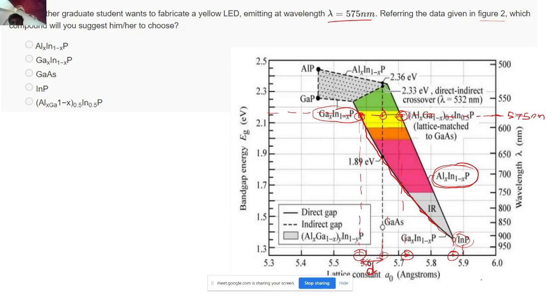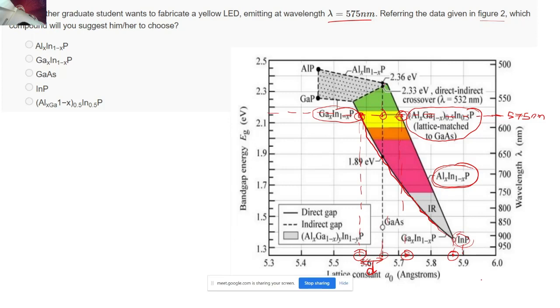Now one good thing is that if you look at this vertical line over here, even this vertical line is coming over here. Now what is this vertical line? Let's read the description written in this red circle that I have drawn: aluminium gallium 0.5 indium 0.5 phosphide, and it is lattice matched to GaAs.